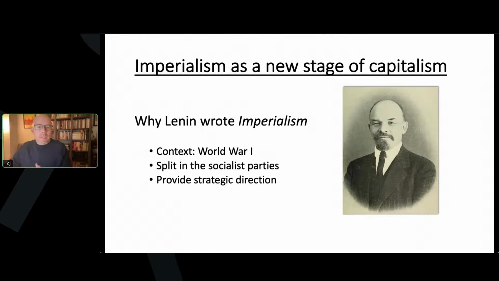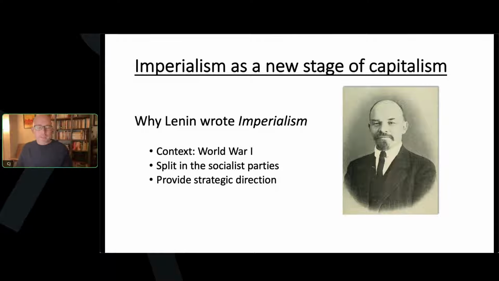But just as Marx and Engels observed, capitalism is a dynamic system. It's always moving, it's always changing. And Lenin wrote his book, Imperialism, in 1916. It was in the midst of the First World War. And his was really one of several Marxist texts that were written dealing with the development of imperialism, how capitalism was transforming into this imperialist system.